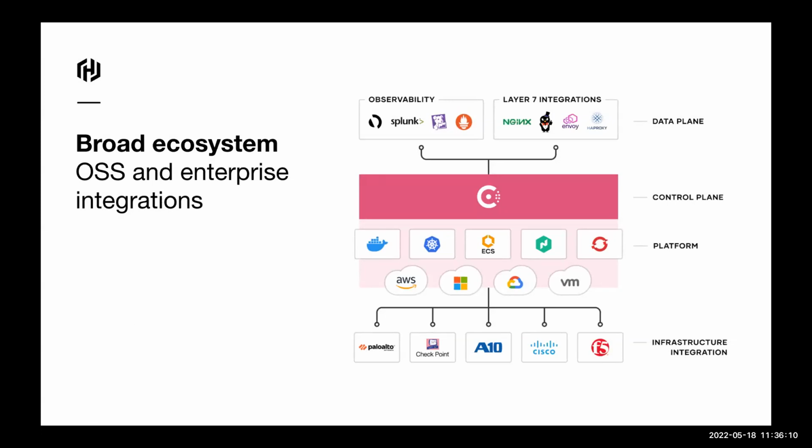Beyond the runtime and platform support, you will see on the top, we do have integrations with different observability products, Datadog, Prometheus, Splunk, and you can integrate your observability products using our existing modules, or you can hook up your own integrations as well. And we have other layer 7 integrations, Envoy being one, but also Nginx and HAProxy.